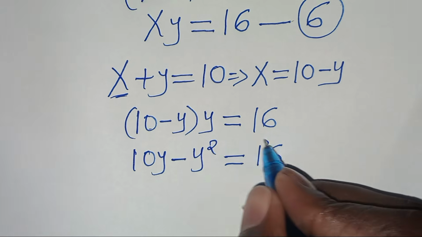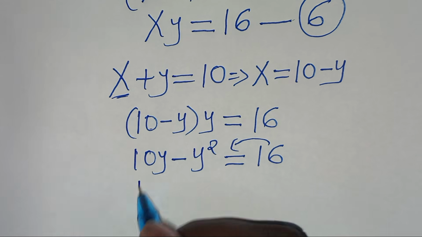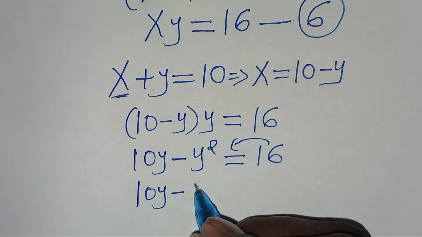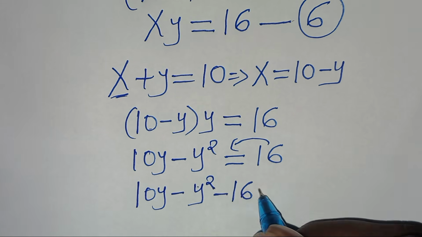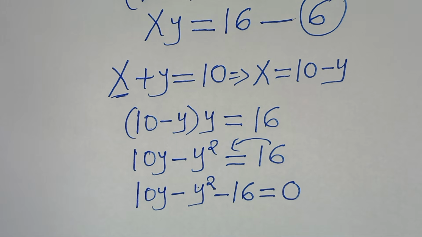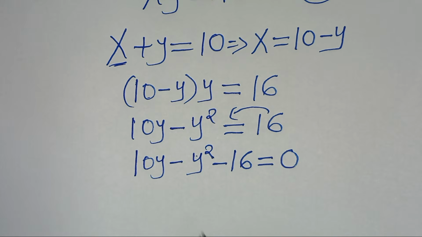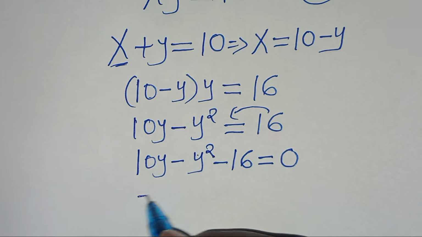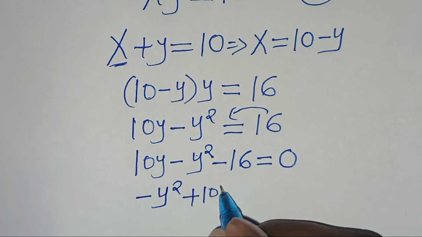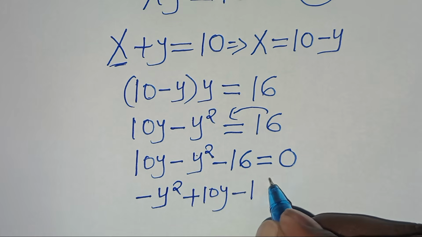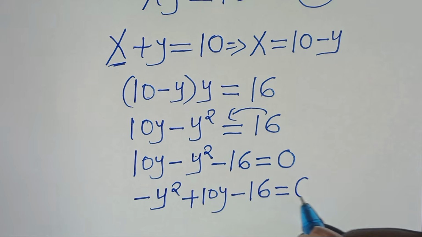Let's take 16 to the left hand side, and this means we have 10y minus y to the power of 2, subtract 16, equal to 0. Let's rearrange this equation. We have negative y to the power of 2 plus 10y minus 16, which is equal to 0.